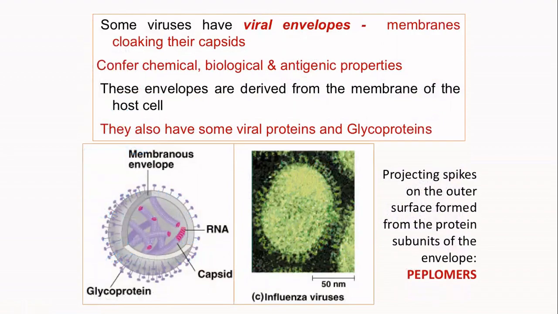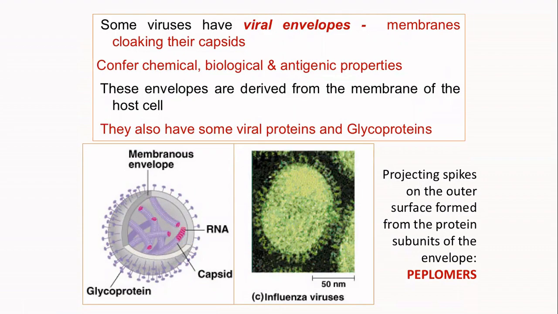Apart from the capsid proteins, some viruses have viral envelopes. We saw that earlier. And these membranes covering the capsids give the viruses special properties. For example, they help the viruses resist chemicals, as well as give biological and antigenic properties to the viruses.